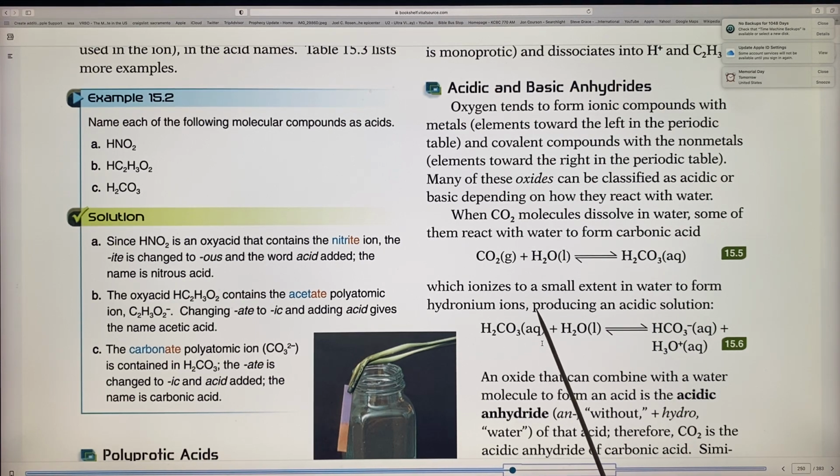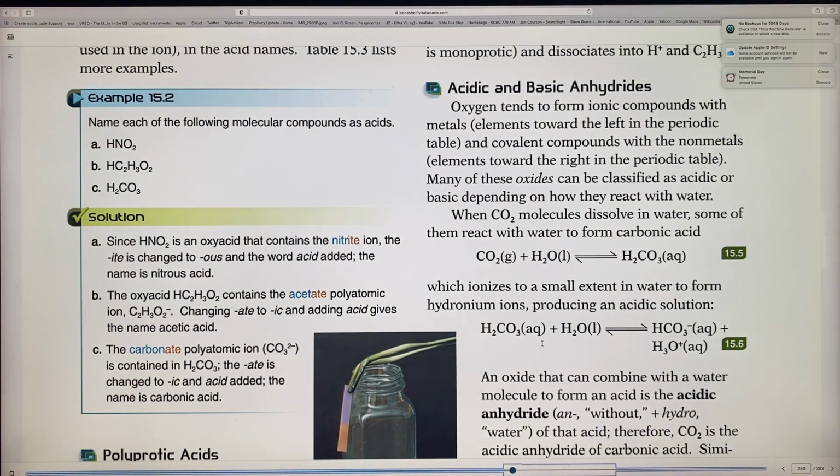Then it ionizes to a small extent in water to form hydronium ions. So here it goes into another process, carbonic acid and water, producing the acidic solution here, and this is the hydronium ion that really tells you it's very acidic. So it gets even more acidic in the midst of this reaction with water.